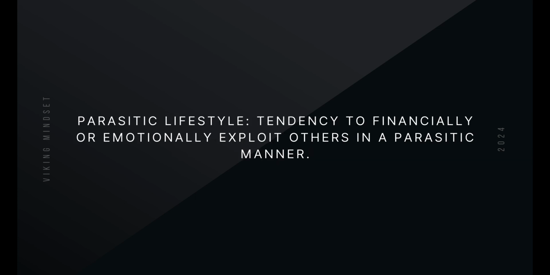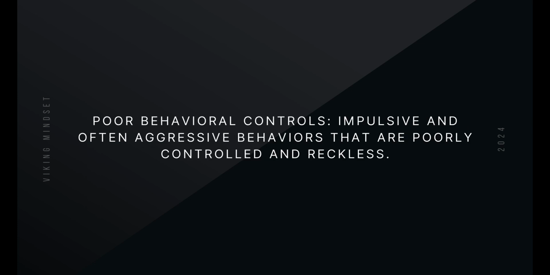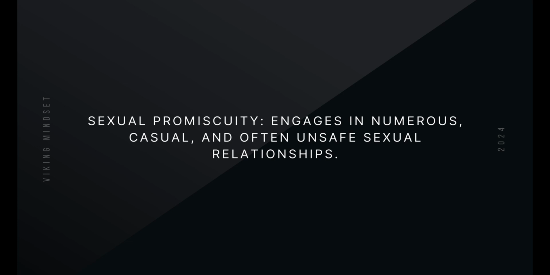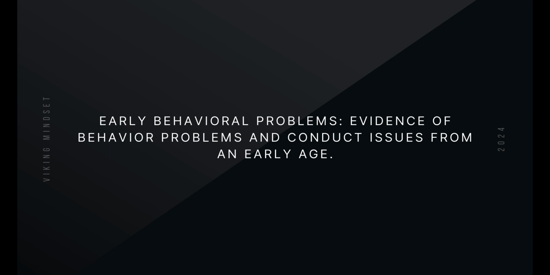A parasitic lifestyle. Psychopathic people tend to be financially or emotionally exploitative of others in a parasitic manner. Poor behavioral controls. Impulsive and often aggressive behaviors that are poorly controlled and reckless. Sexual promiscuity. Psychopathic people engage in numerous casual and often unsafe sexual relationships. Early behavioral problems.